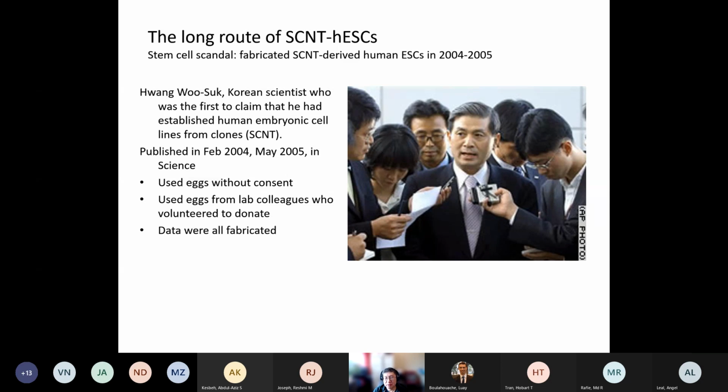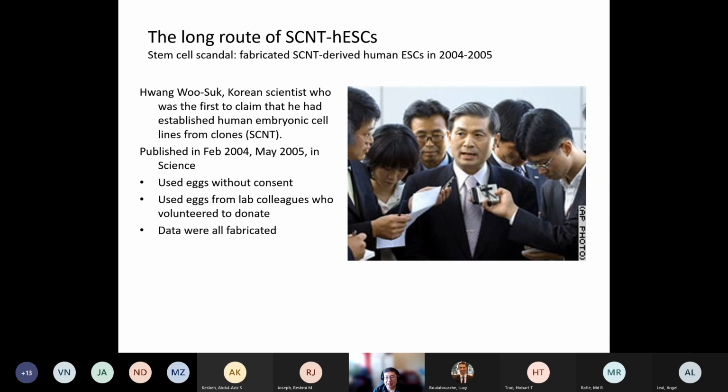But remember that the work was done in 1962, and a lot of cloning was going on in the early days. And then people were also racing to generate human embryonic stem cells by using somatic cell nuclear transfer.